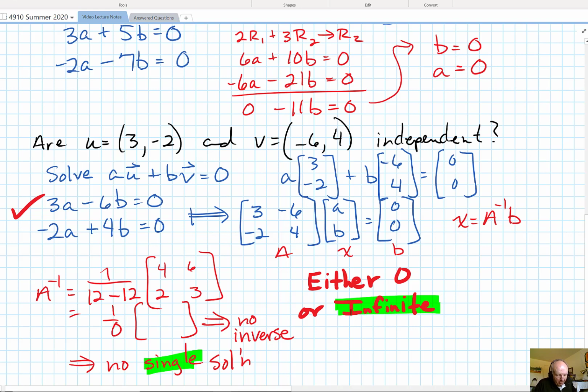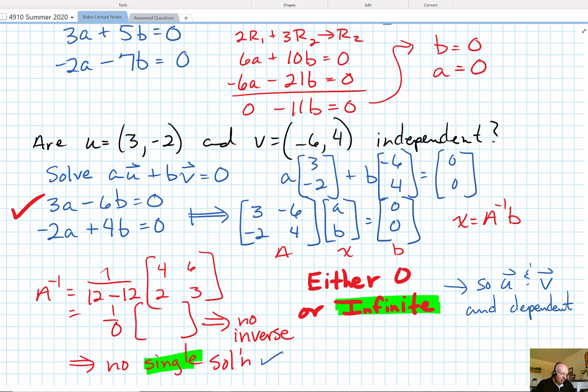One of them is 0, 0, but there are an infinite number of non-zero ones. So the only way they would be independent is if there was a single solution, and that single solution is 0, 0. But we've eliminated that case.